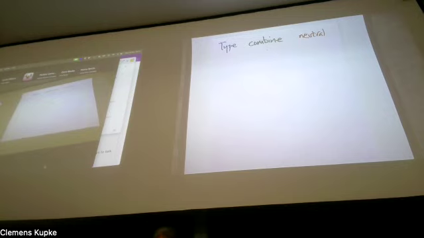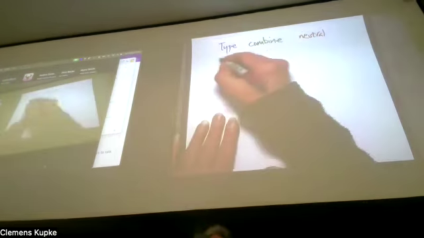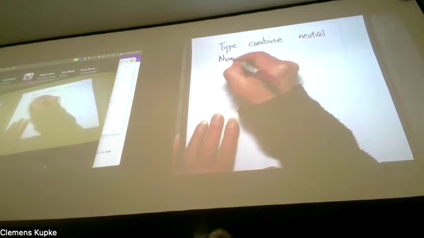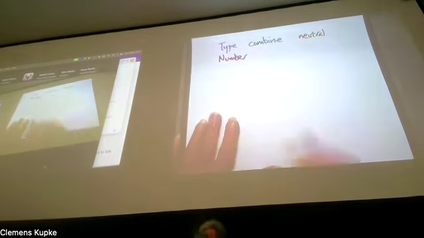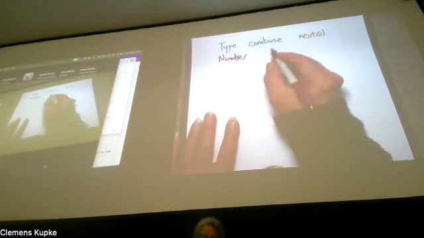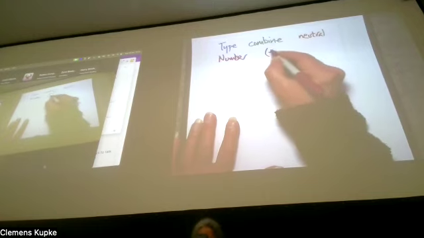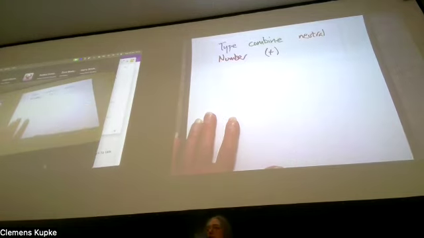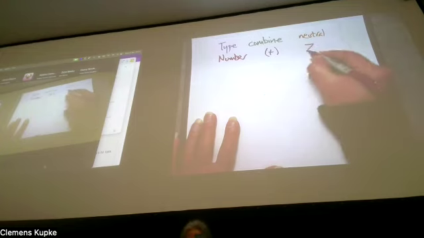And the example we are most familiar with, or the example we came in with, was just adding up a bunch of numbers. So one example we had was number, and we had an operation to combine them, which was plus, and the neutral element for plus was 0.